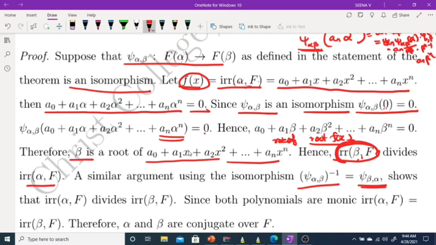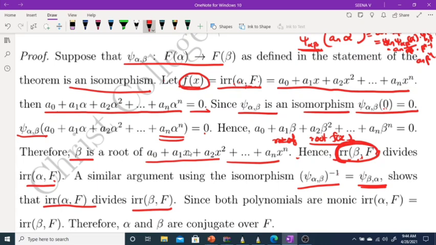So if we started with the irreducible polynomial of beta over f and apply psi beta alpha, then clearly we get that the irreducible polynomial of alpha over f divides the irreducible polynomial of beta over f. Here if we start with this, then we get this one, and this means the irreducible polynomial of beta over f divides the irreducible polynomial of alpha over f.